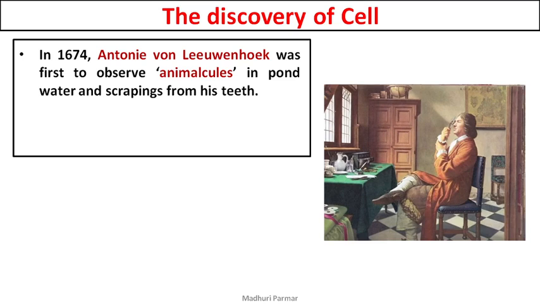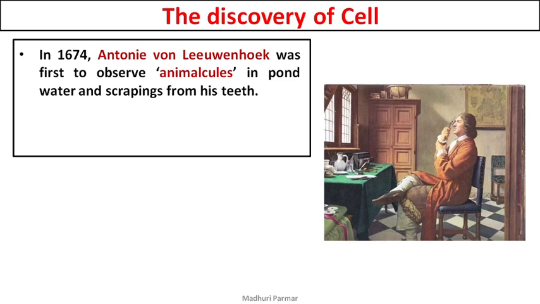The next thing he did was he took some scrapings off his teeth. Okay, as we all know, we need to keep on brushing, right, every day. Otherwise, there is a lot of buildup on the teeth. Even in the commercials, if you have seen Colgate or Pepsodent or Close Up, you know they show on the teeth there are some spiral bacteria, right?